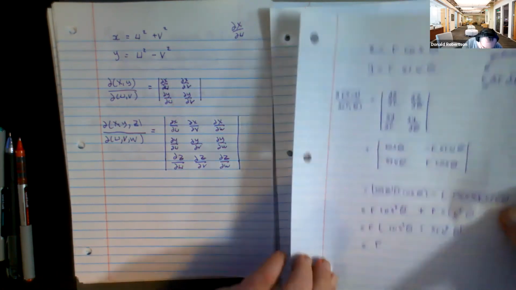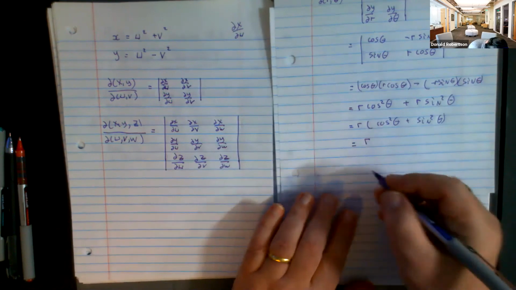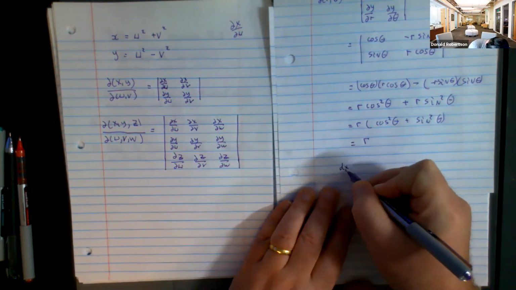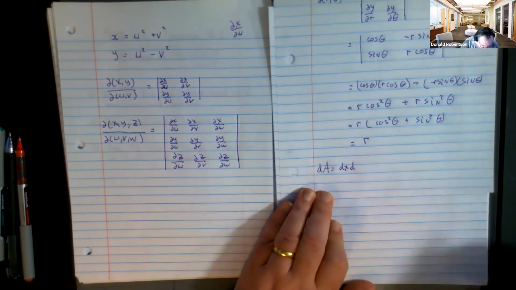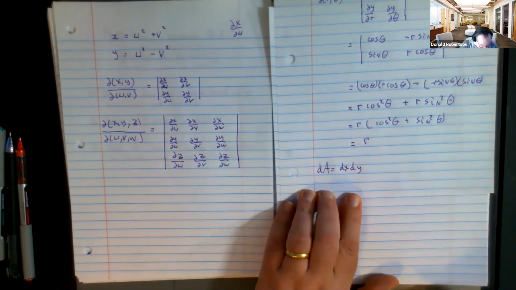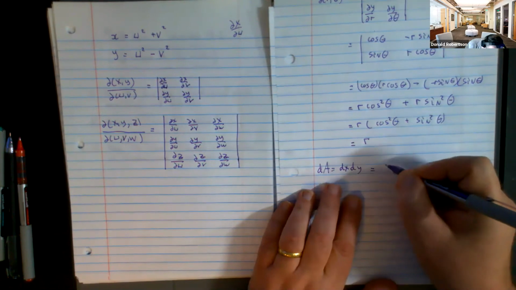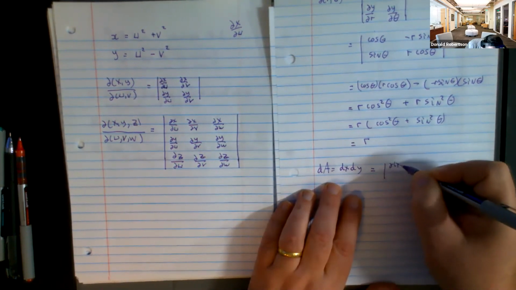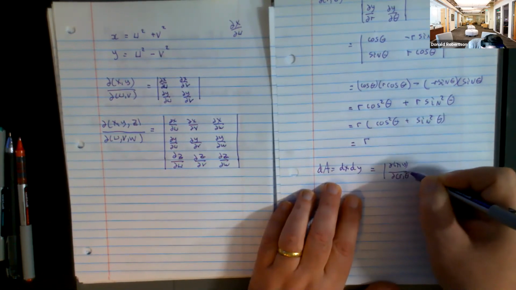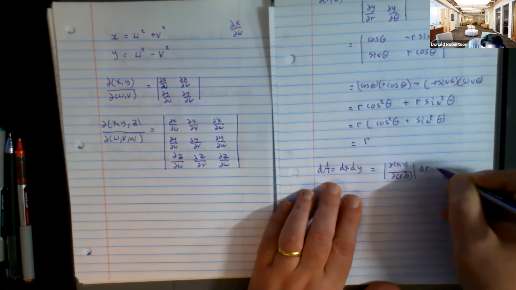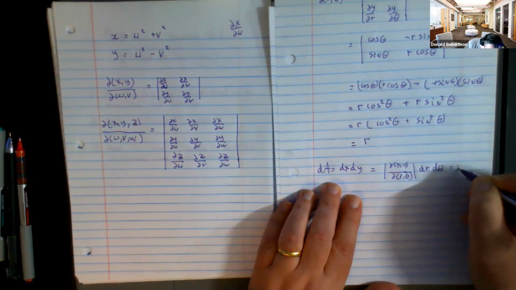So how does that happen? This is how it happens. Do you know the guy that we typically call dA, right? dx dy, right? He is the Jacobian dr d theta.